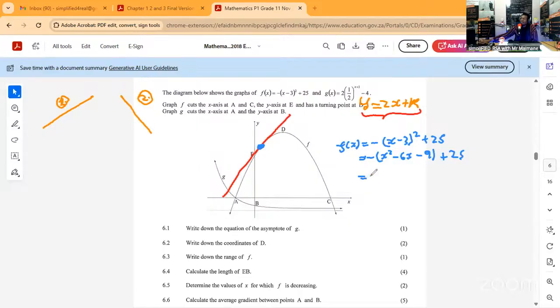When I simplify that, it's going to be minus x squared plus 6x plus 16, that's what f of x is. But at that point, because it is a tangent, it means minus x squared plus 6x plus 16 is equal to 2x plus k.